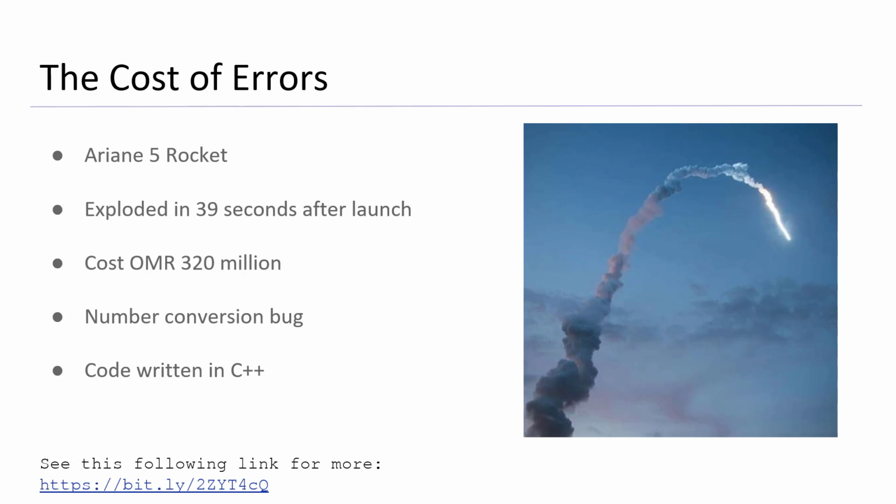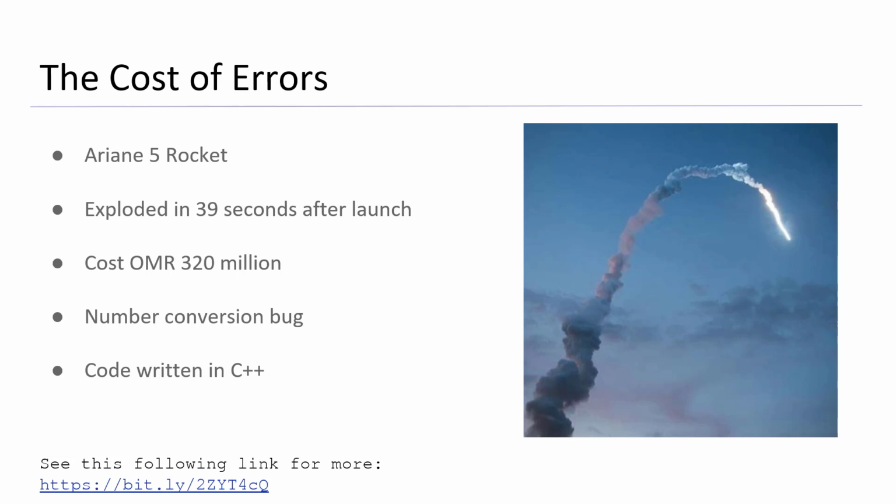The reason for the explosion, it turned out, was a software error. Specifically, it was what we call a number conversion problem. A 64-bit floating point number was being stored inside a 16-bit signed integer.